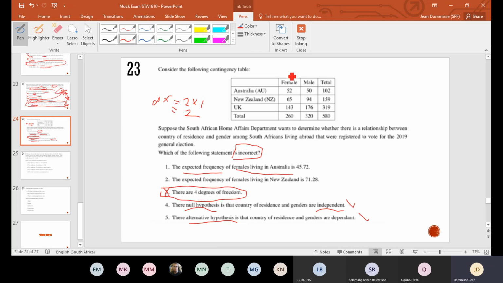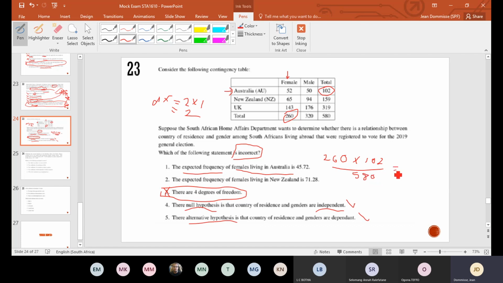The formula we use here is we take the sum of females, 260, multiply it by the sum of Australia, which is 102, and divide by the total, which is 580.